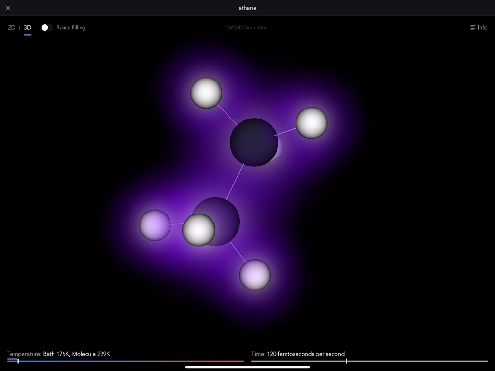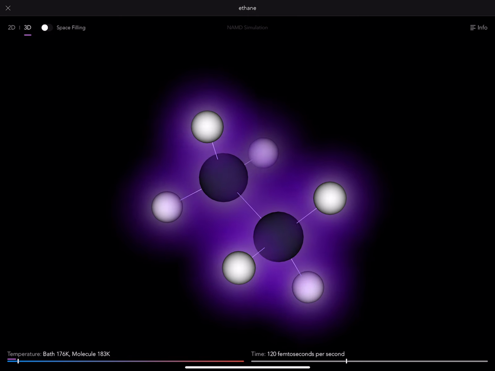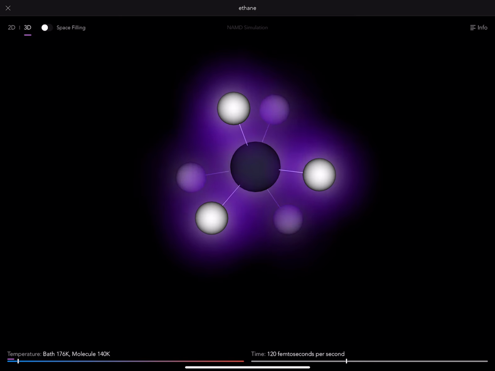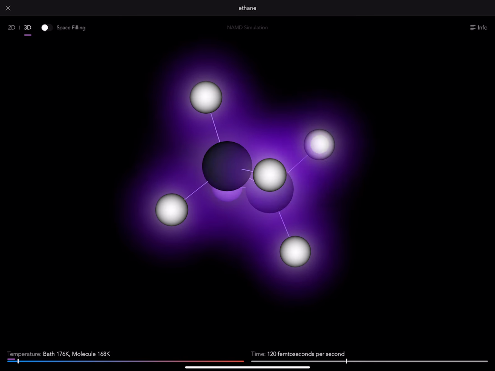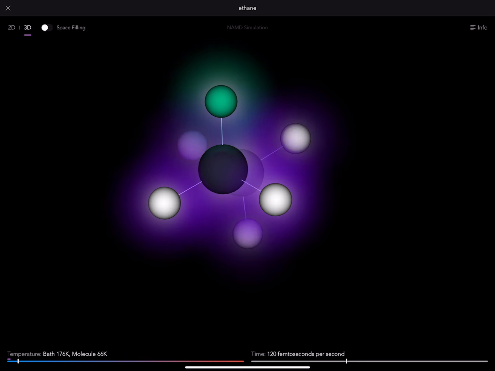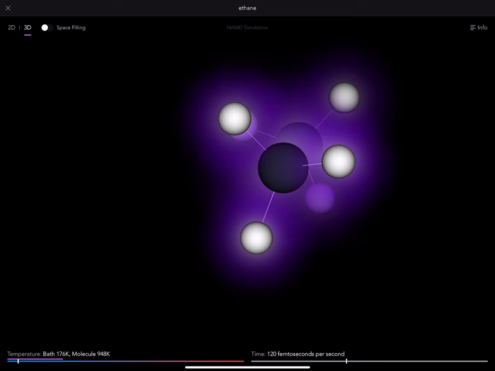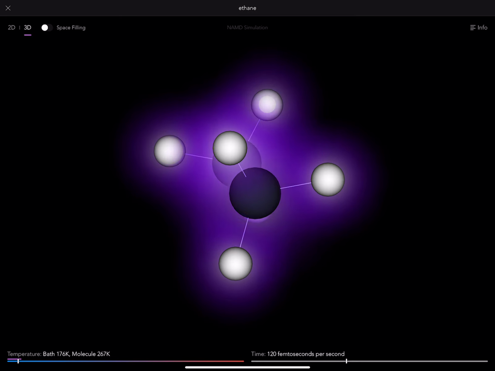Yeah. That's realistic. That actually reflects what molecules prefer. The different shapes, or the different rotations we can do around this bond, are called conformations.